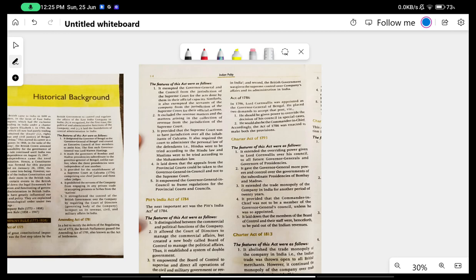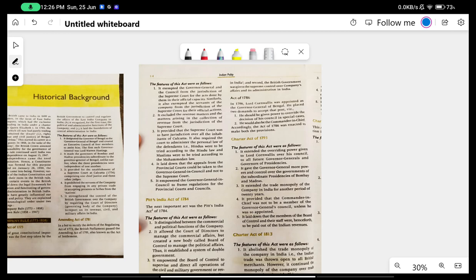That is, the Governor General of Bengal when he was administering justice with his executive council, and not the Supreme Court. So they're saying that you cannot take cases from the lower courts to the Supreme Court, and in fact you take the case to the Governor General of Bengal. Okay, this is very ridiculous in today's time, but at that time this was the rule. It basically stated that the provincial courts were independent of the Supreme Court and did not fall under its jurisdiction.